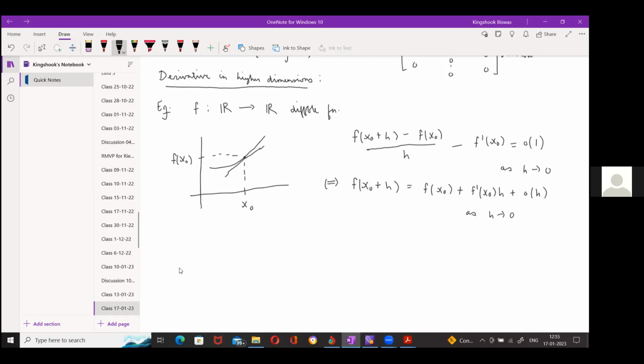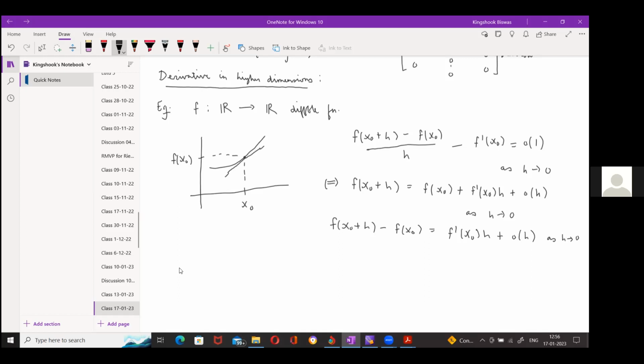So if you like, I can rewrite this as f of x naught plus h minus f of x naught is equal to f prime x naught times h plus a term which is little o of h, right, as h tends to 0.